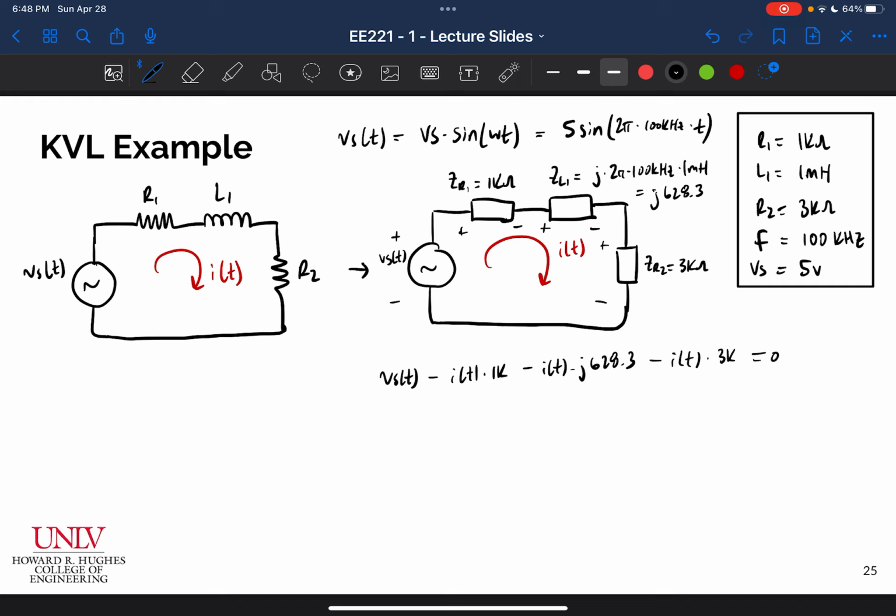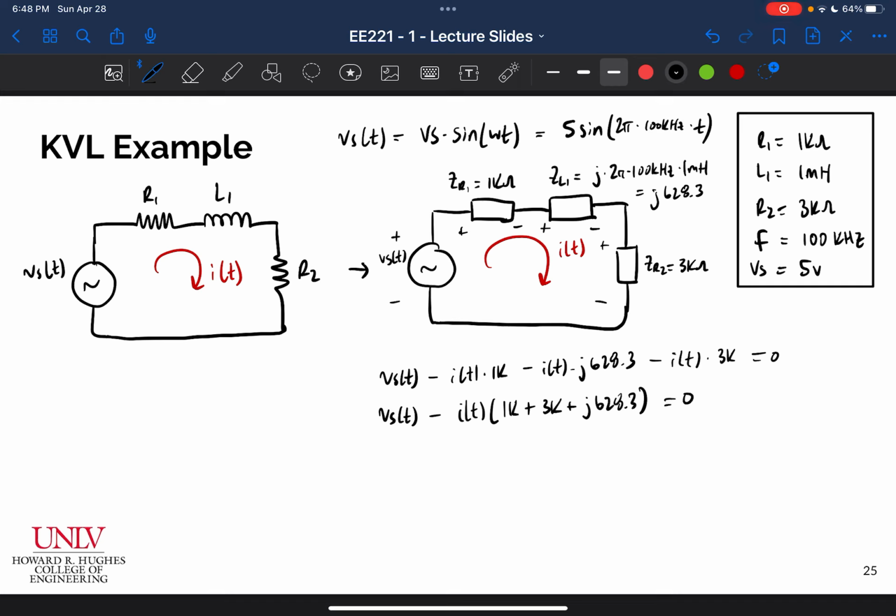So I've written my KVL loop. Now we have all these I of t terms, so we could factor out an I of t and group these terms. Vs of t minus I of t times 1k plus 3k plus J 628.3 is equal to 0.